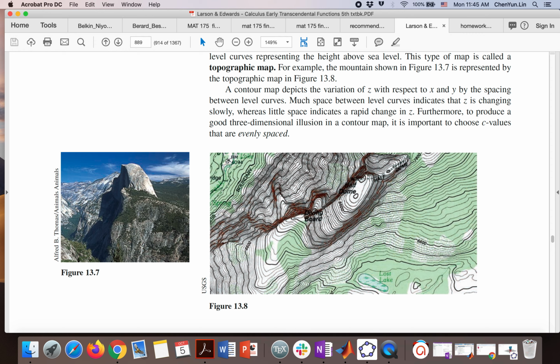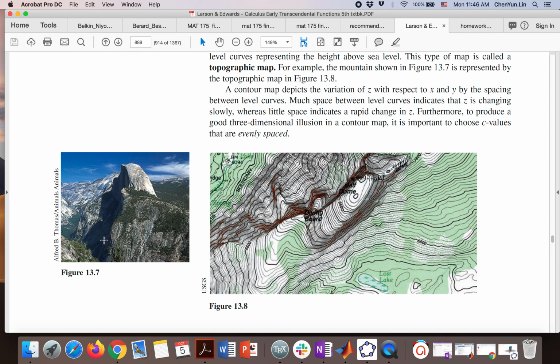Now, if the level curves look looser on this two-dimensional map, what does that mean? It means the mountain along here, like this trace, is less steep. And here, the level curves are very dense. So what would that be on the map? It's this part, very steep.